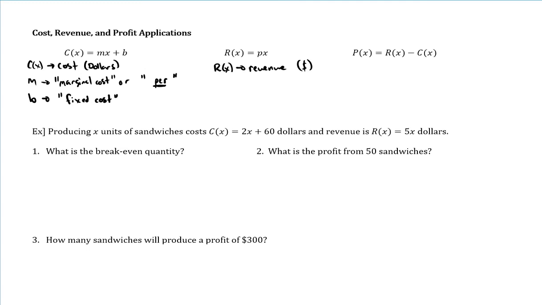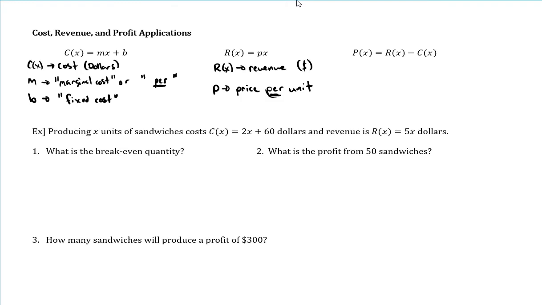What's going to be more important for us is profit in a second. So the revenue is what you earn before counting the cost. And the revenue is usually based on some price. So p is usually the price per unit, whatever is being sold, or whatever they're working with.